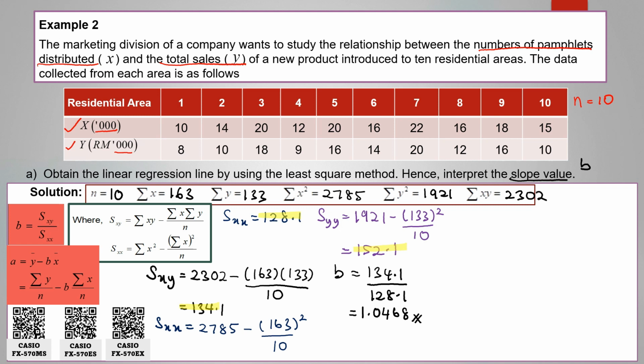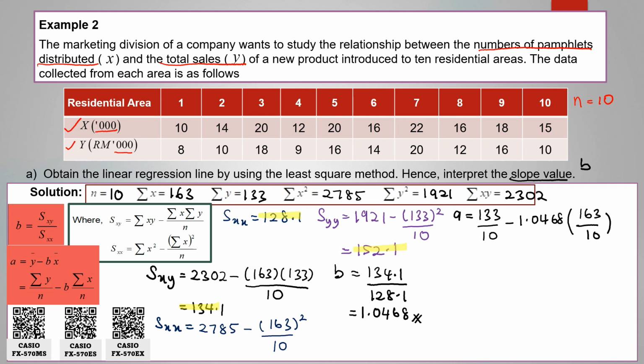And then we need to find the value of a. Your a equals 133 over 10 minus b, 1.0468, times 163 over 10.